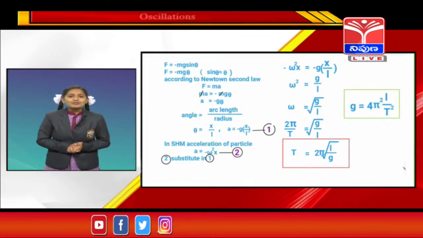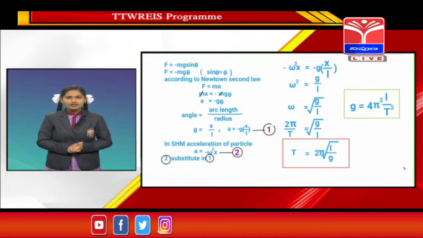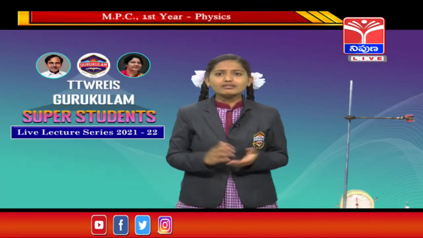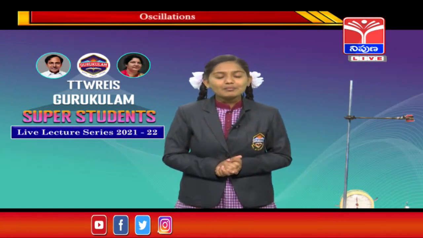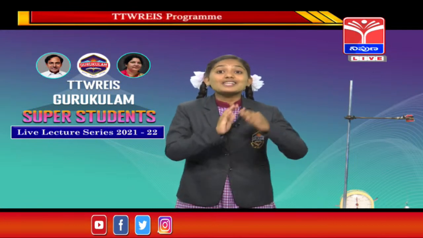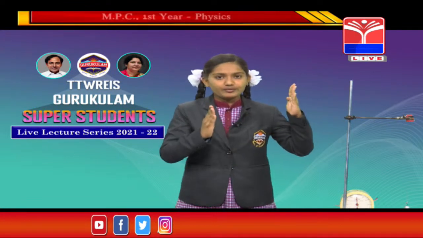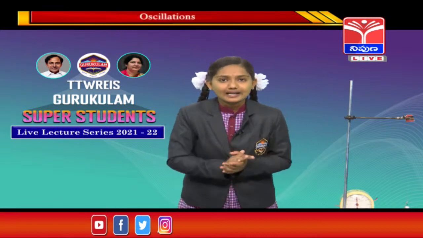From this diagram, sin theta is equal to theta, because theta is formed very small. You may have the doubt why theta must be very small. Even if theta is large, what happens? Here theta must be very small, because to satisfy the SHM rule, in simple harmonic motion the path must be a straight line.